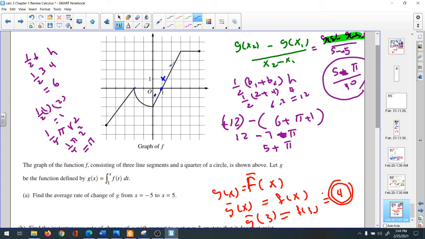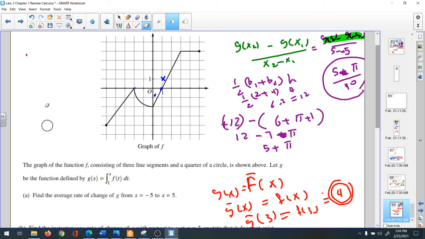Let me erase this part to show you. When you have this curve and this is our critical point, you see the slope here is negative, and after it the slope is positive. So negative before and positive after: this is a local minimum.